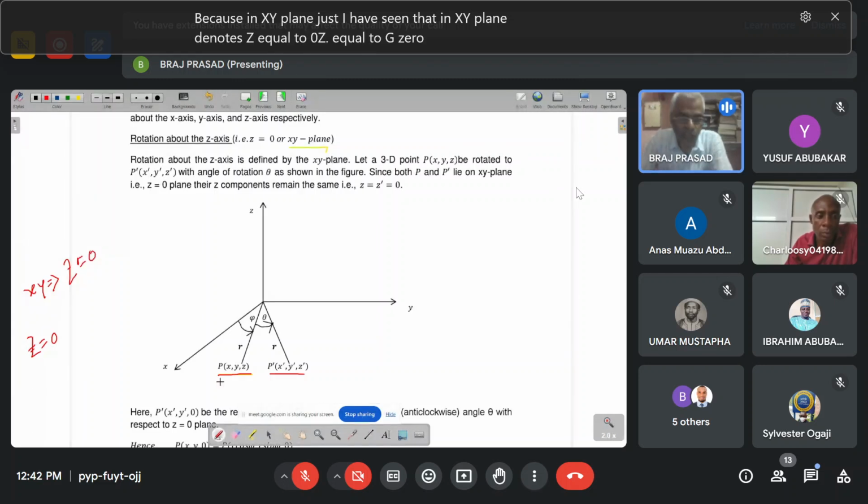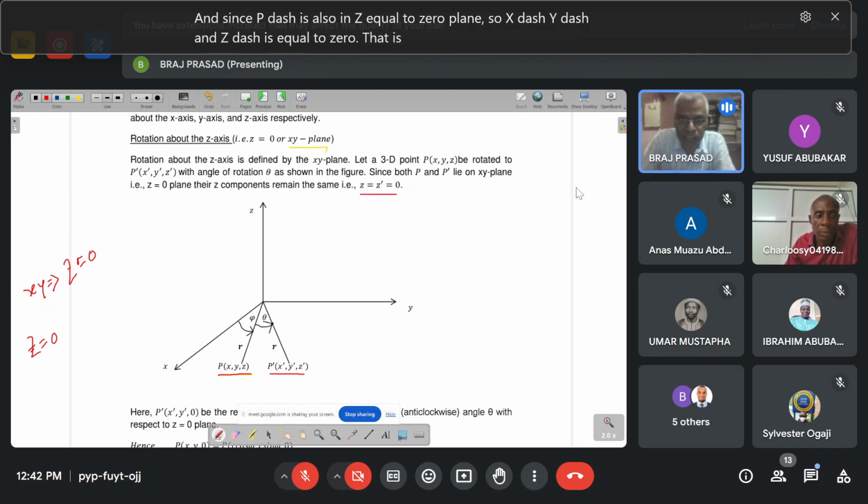So the coordinate of P, x y z, becomes x comma y comma 0, and since P dash is also in the z equal to 0 plane, x dash y dash and z dash is equal to 0.